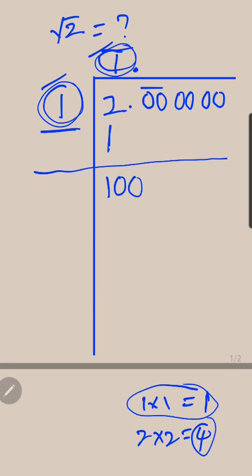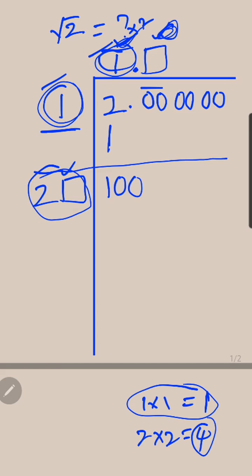Now whatever quotient is there, multiply that quotient with 2. That means 2 ones are 2. Write that 2 here. Then one more number we have to find here and here. Again these two must be equal. And after that we have to multiply this number with this whole number.